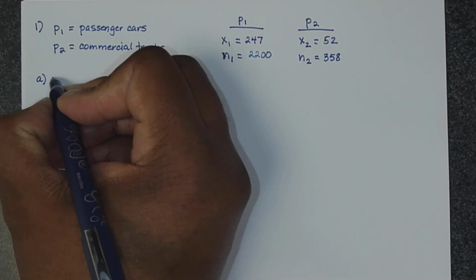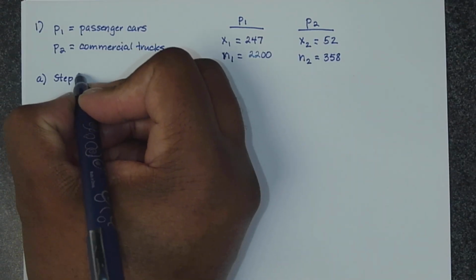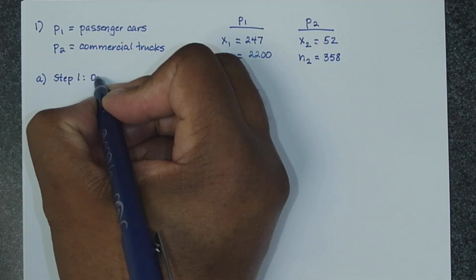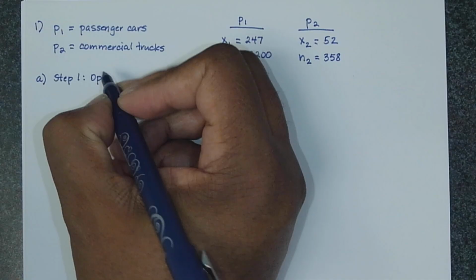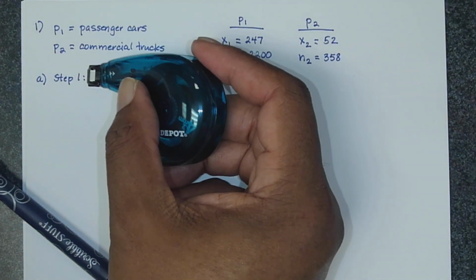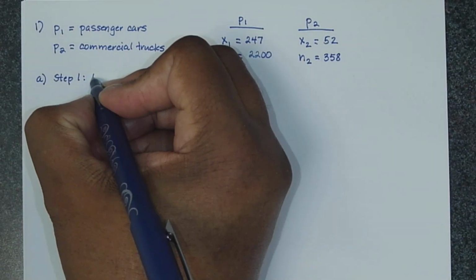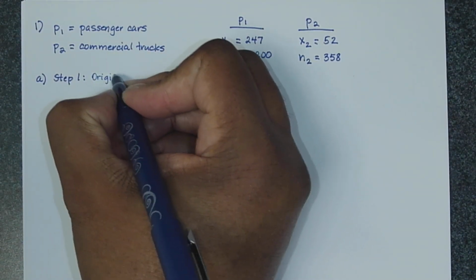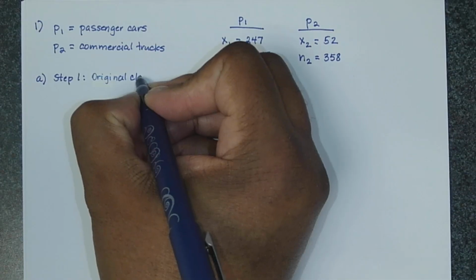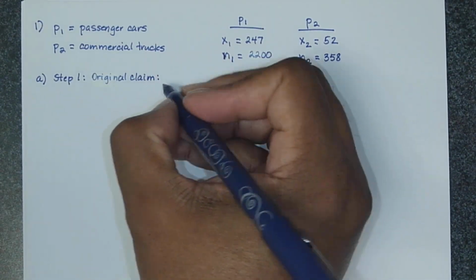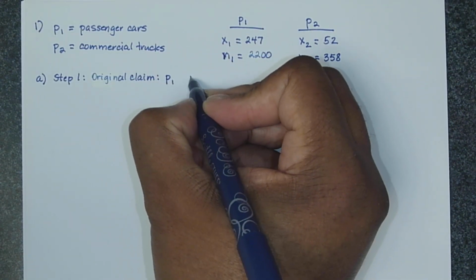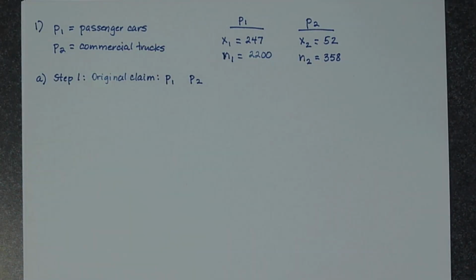So that 8-step hypothesis testing procedure is this. Step number 1, rewrite the original claim. Not opposite. Original claim is step number 1 in symbolic form. All right, P1 will have to correspond to P2. Now, in the problem, it does say that commercial truck owners violate laws at a higher rate than passenger cars.